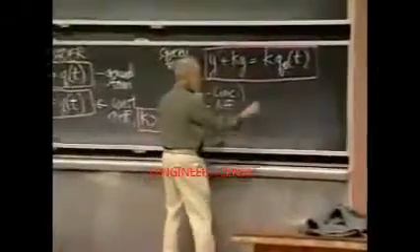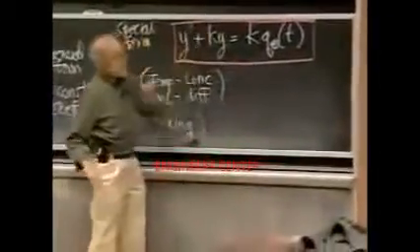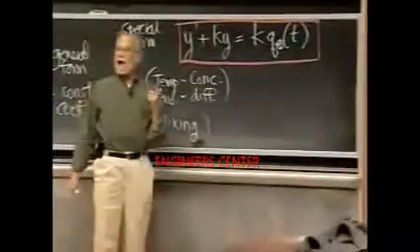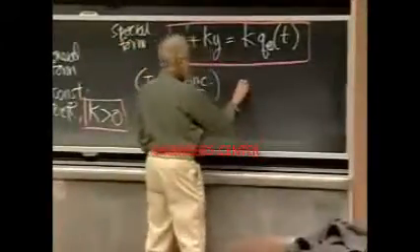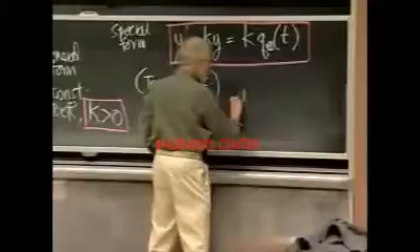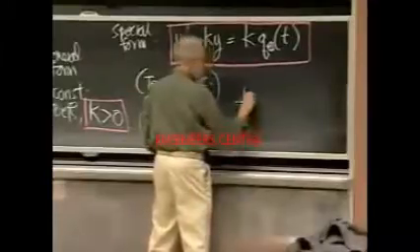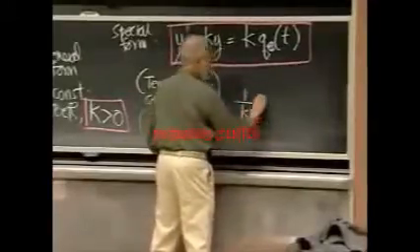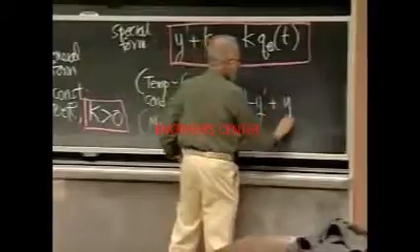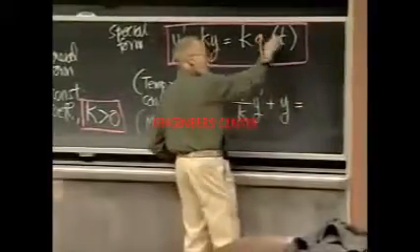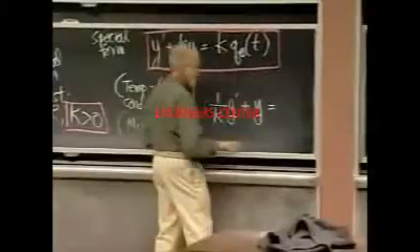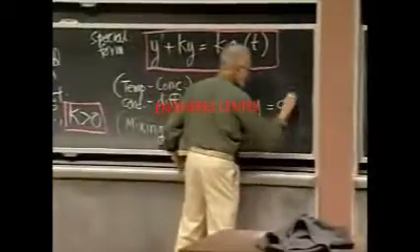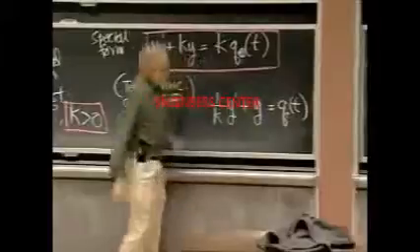By the way, how would you handle this to get rid of a k? Well, divide through by k. So this equation is often in the literature written this way: 1 over k times y prime plus y is equal to, well, now they call it q of t, not q e of t, because they've gotten rid of this funny factor. But I'll continue to call it q e.